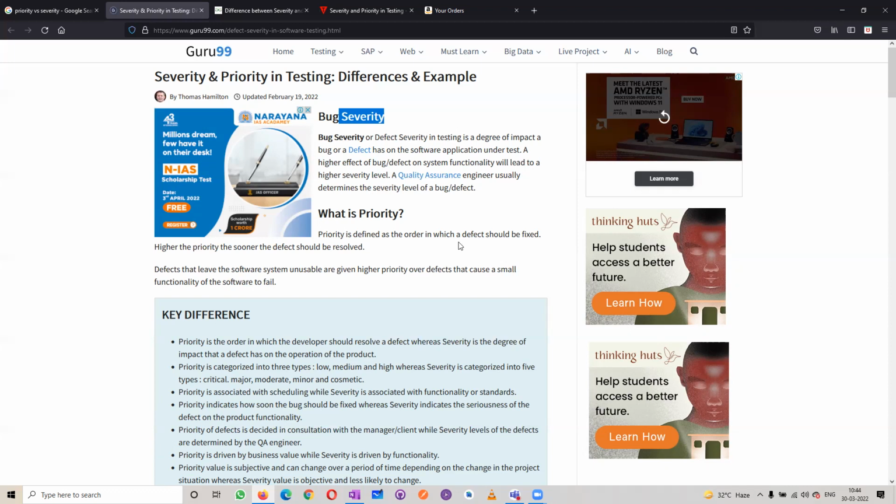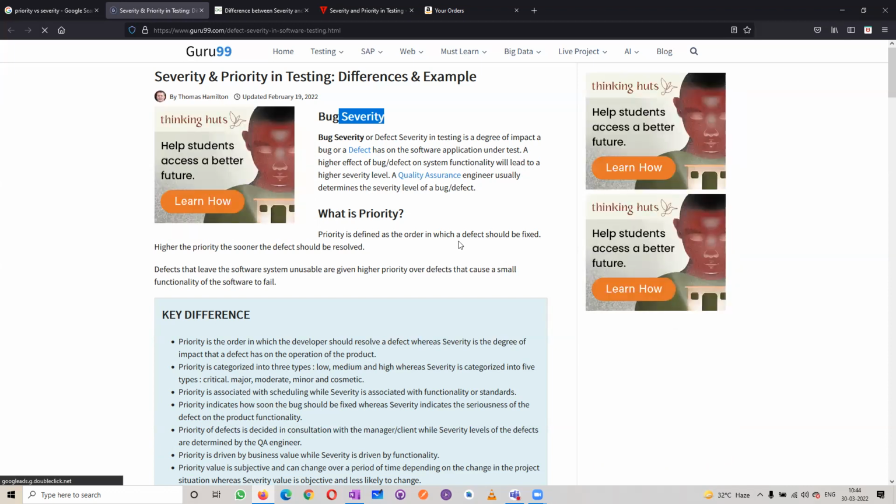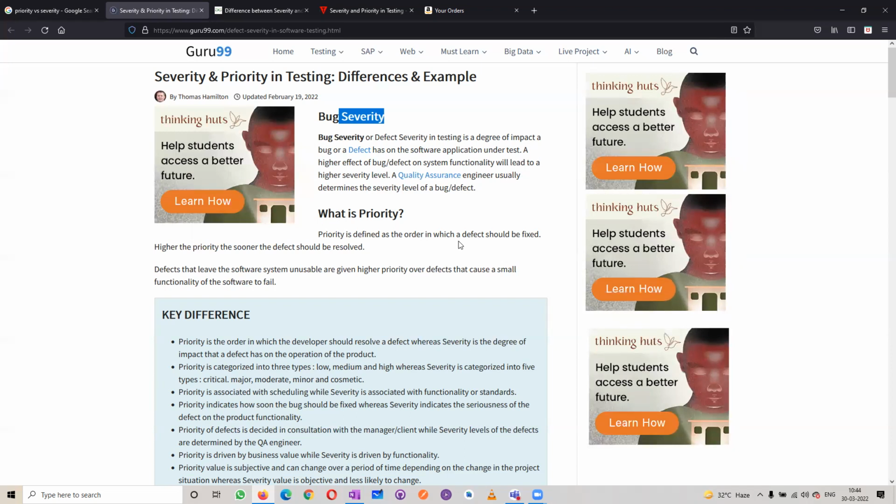Or you want to transfer money from one bank to another and the transaction has stopped because of a bug. How do we handle it? Those are high severity, and we need to fix them as quickly as possible. That is what severity talks about: the seriousness of the bugs.